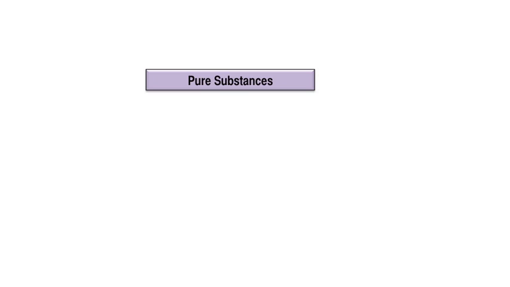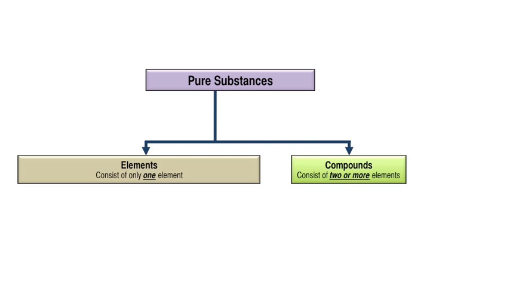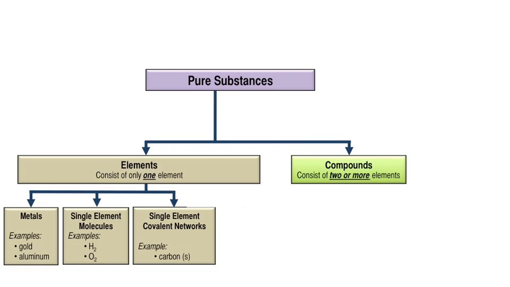In chapters 2 through 5, you learned about pure substances. You learned that pure substances could be classified as either elements or compounds. Elements exist as either metals, for example, solid gold or solid aluminum, single element molecules such as H2 or O2, single element covalent networks such as carbon, and the noble gases such as helium and argon.